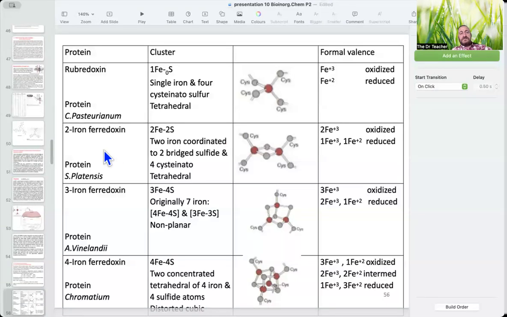Iron ferredoxin, we have this type of irons, 2 irons in the oxidation state 3, and in the reduced will be 3 and 2. And so on, we have different clusters, different proteins with the presence of iron or without.